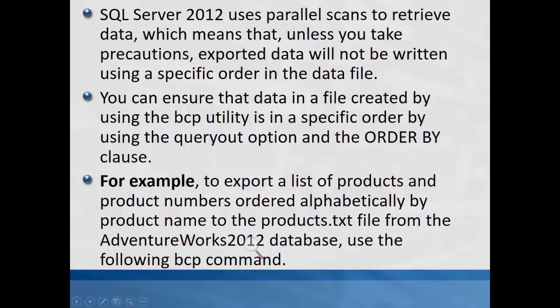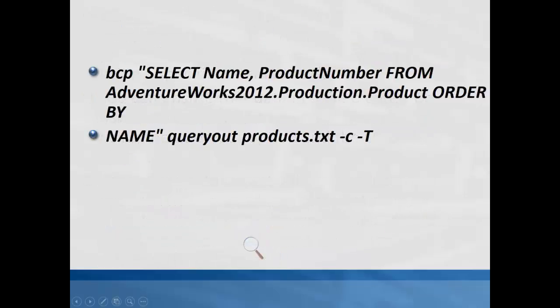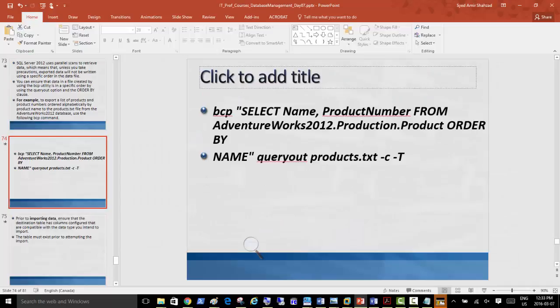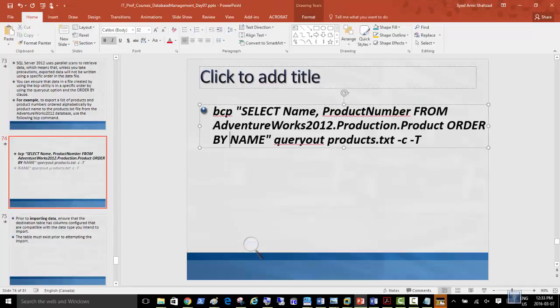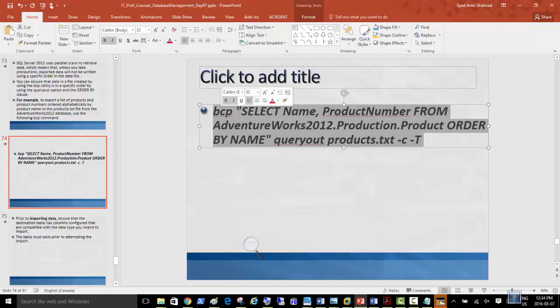So we're going to export data to a products.txt file, right? So this is the command for that. I'm just copying this on that file. Whatever database you have, you can just try now.